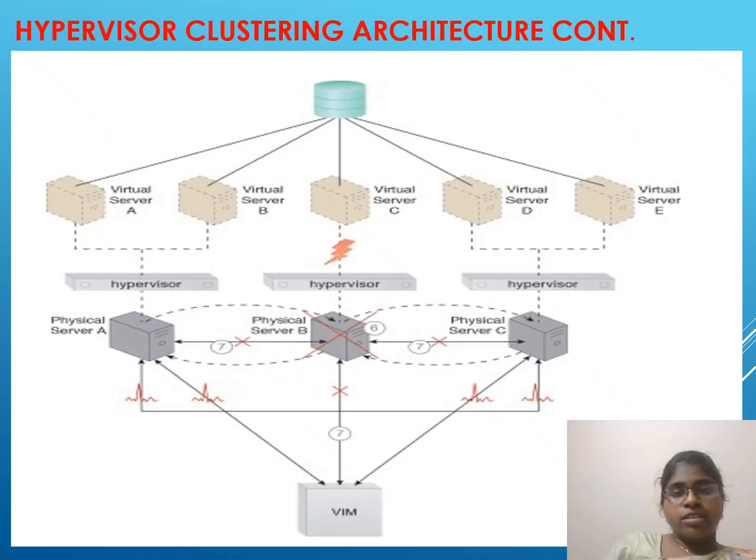When the hypervisor cluster architecture disconnects a virtual server from the hypervisor, the physical server can fail to connect to the multiple servers in the storage, affecting the virtual infrastructure manager and the network connections in the virtual machines.